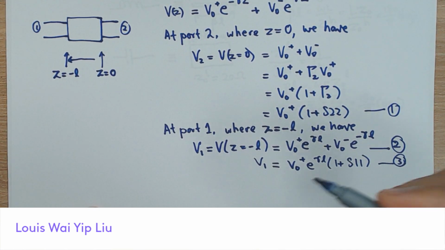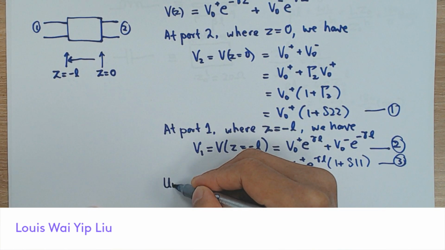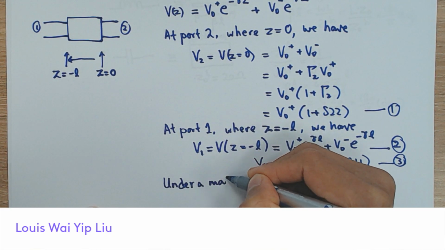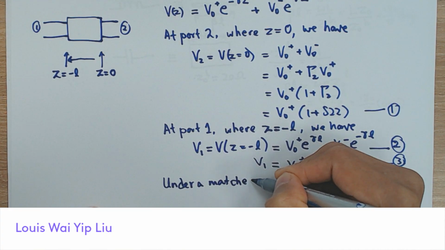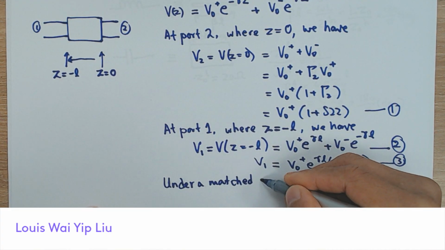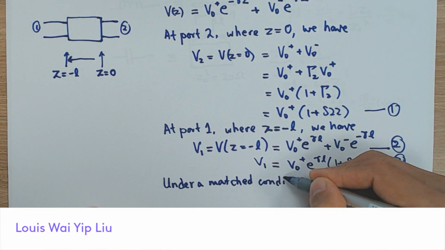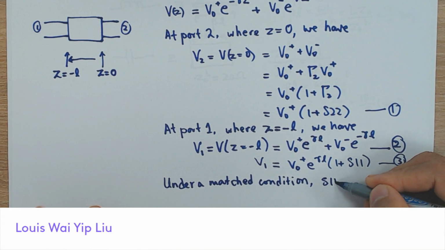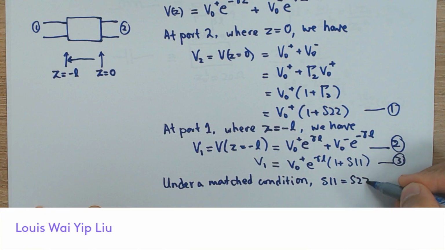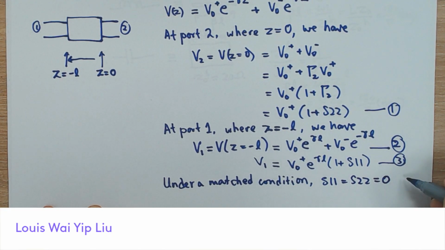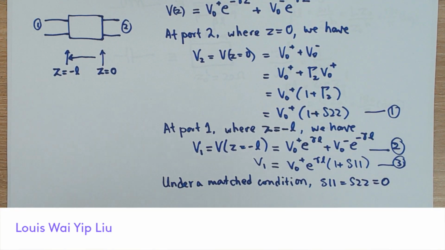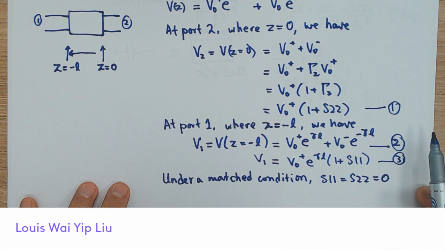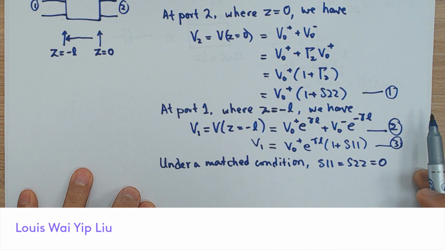In this case, under a matched condition, S11 and S22 should be 0. So we can simply rewrite equations 1 and 2.